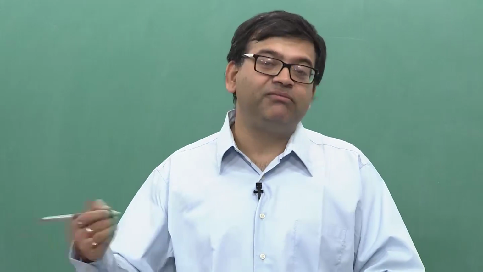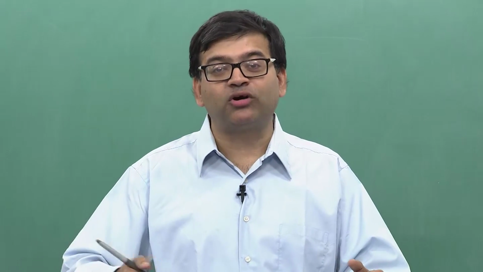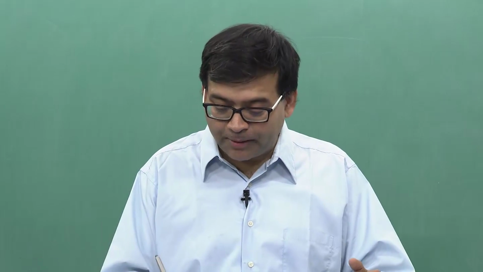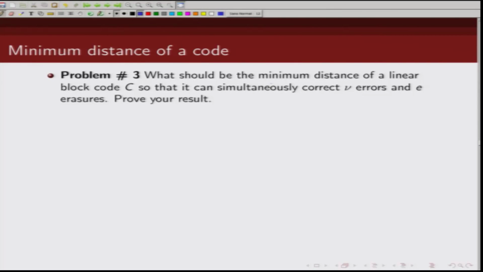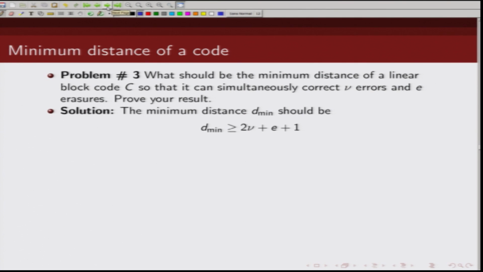And error correction you are familiar with, basically we want to correct errors that have happened in so many bit locations. So, the question is, what should be the minimum distance of a linear block code that can simultaneously correct mu errors as well as E erasures? Now, if the minimum distance of a code is at least 2 mu plus E plus 1, then it can simultaneously correct mu errors and E erasures.